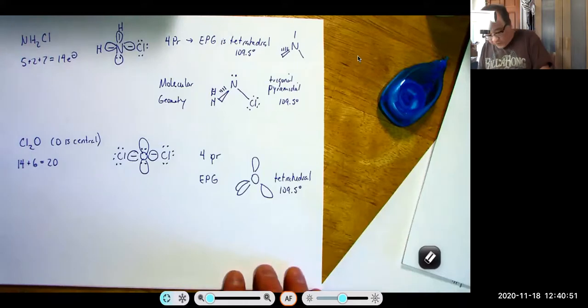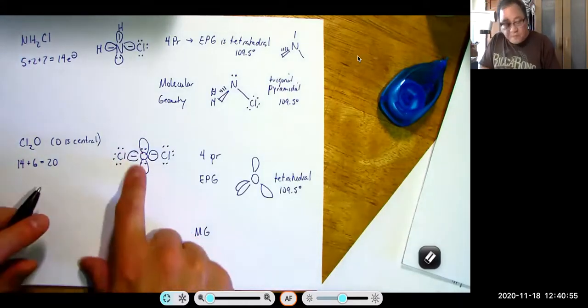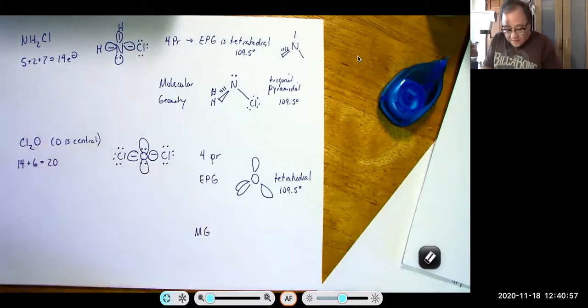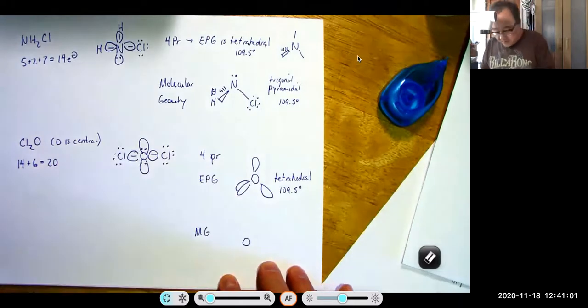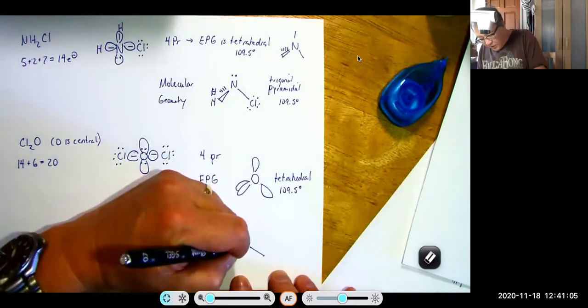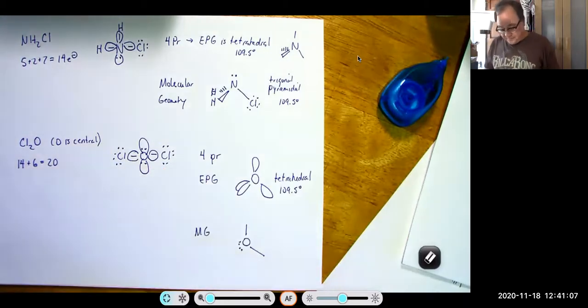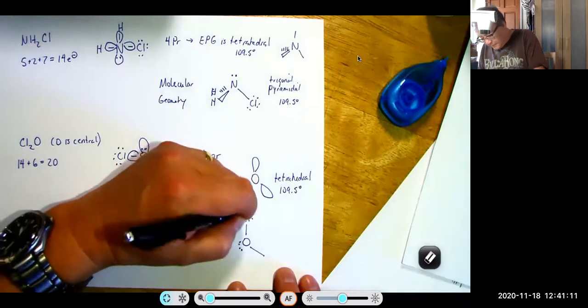Now, for the molecular geometry, we want to put the lone pairs in place and the bonding pairs in place. And to me, this makes the most sense. Put the bonding pairs here and the lone pairs here. And then you get this.